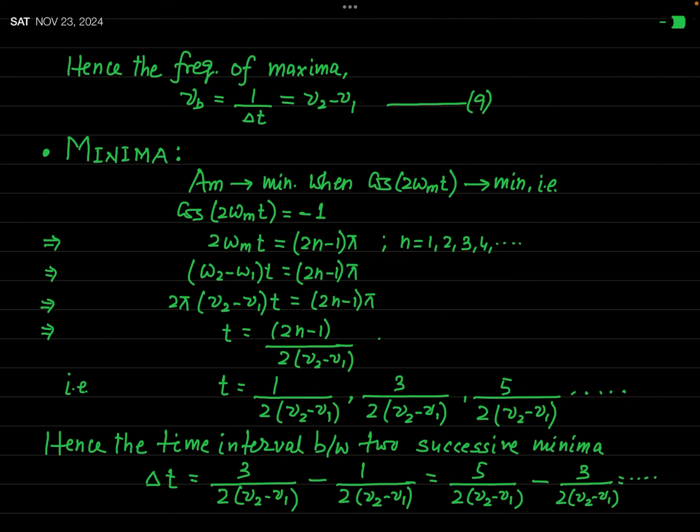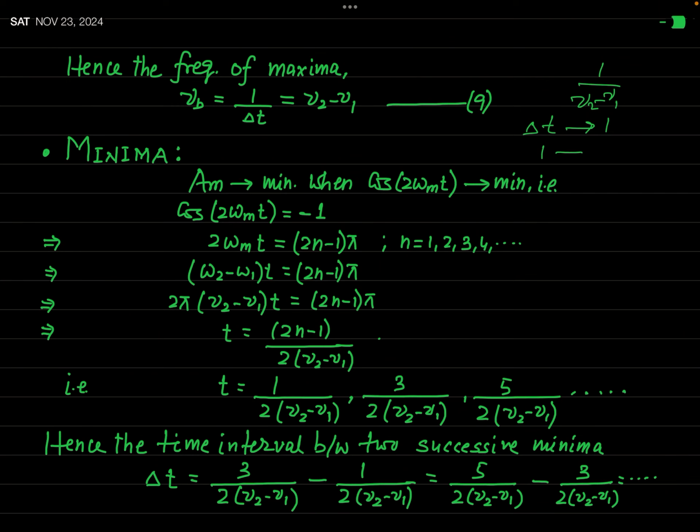Okay. So the time interval delta t between two consecutive or successive maxima you have obtained is 1 over nu2 minus nu1, and the frequency of maxima, which means the number of maxima produced per second, since in delta t time a maximum is produced one time.